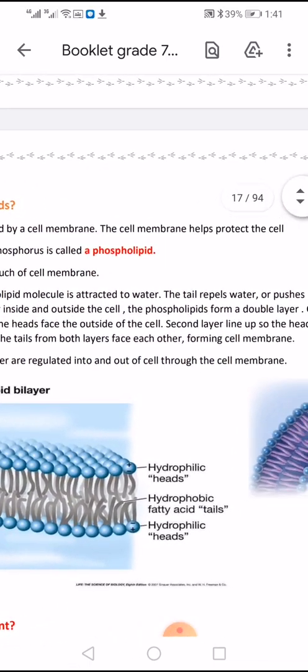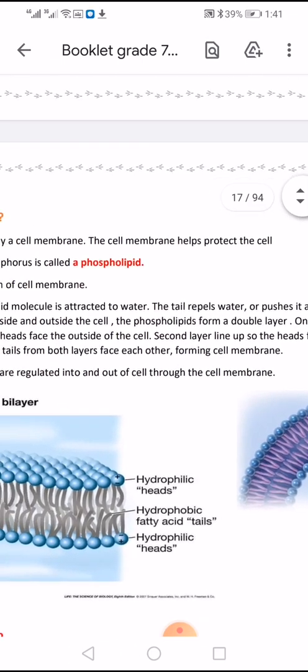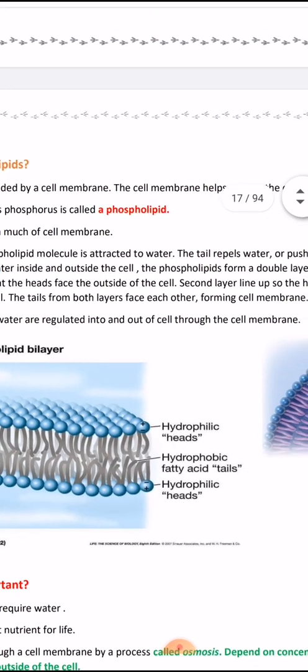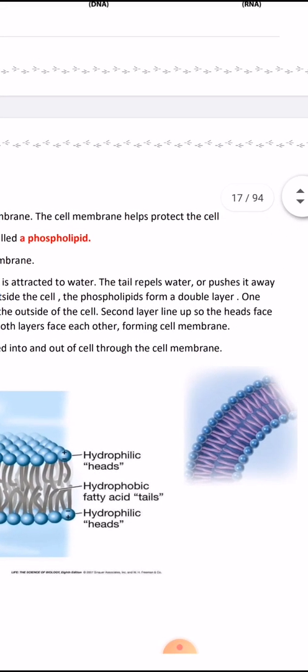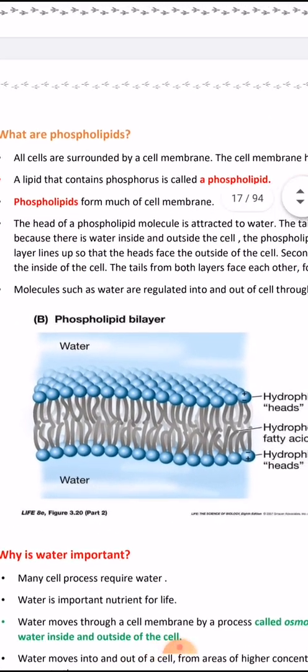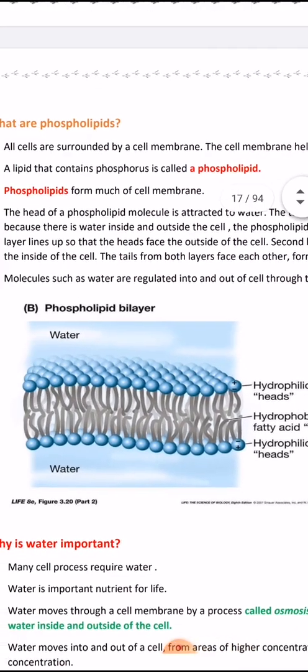And the phospholipids form a double layer, a bilayer. One layer lines up so that the heads face the outside of the cell. The second layer lines up so the heads face the inside of the cell. The tails from both layers face each other, forming a cell membrane.